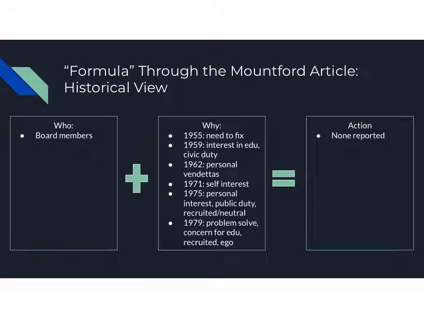In 1962, there's more personal vendettas. 1971, more self-interest. 1975, we have a personal interest, public duty, or some even reported that their motivation was neutral because they were just recruited, just asked to join by someone else. And so they just joined and they have self-reported neutral motivation.